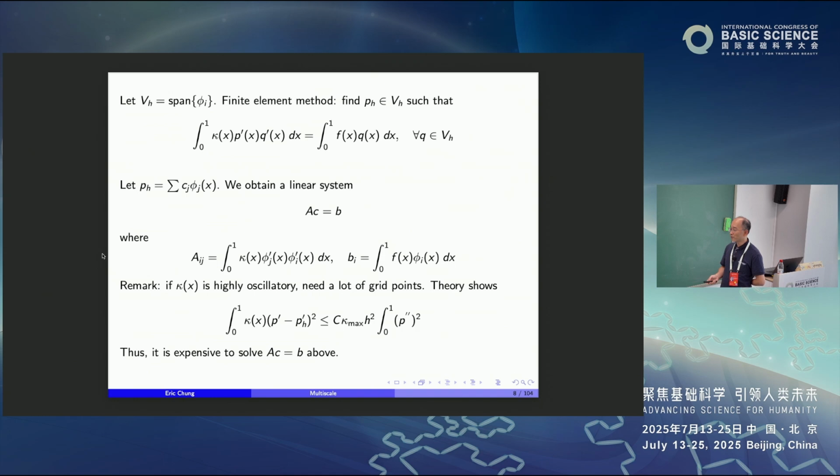You will have a reasonable answer only when you choose the mesh size small enough. That is why we say that if the coefficient kappa is highly oscillatory and also has high contrast, you will need a lot of grid points in order to get a very nice answer.